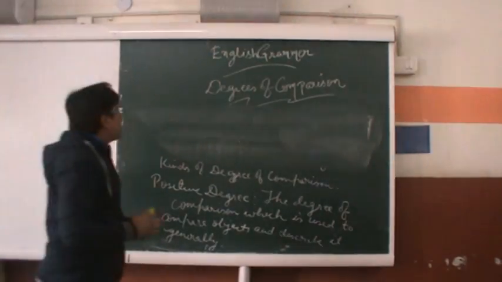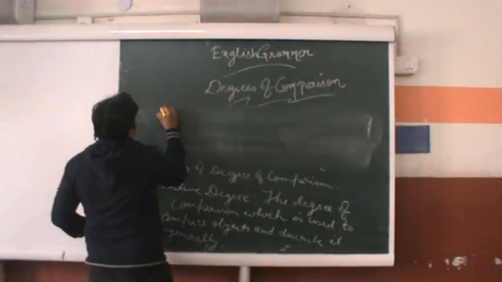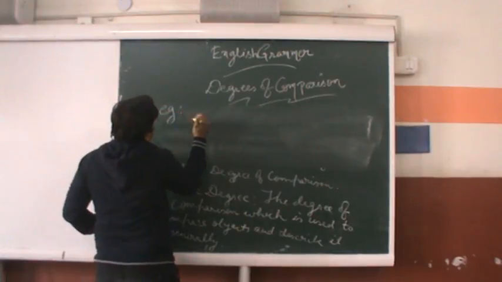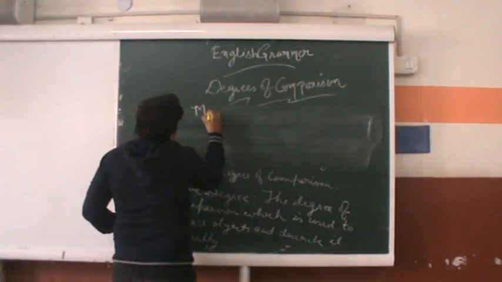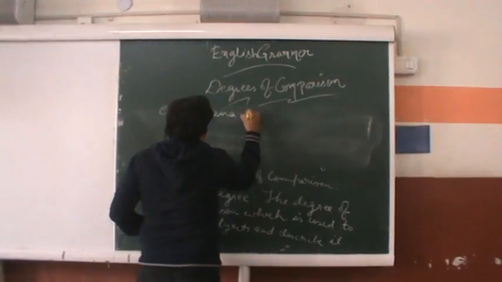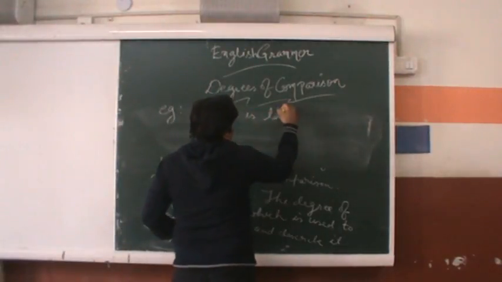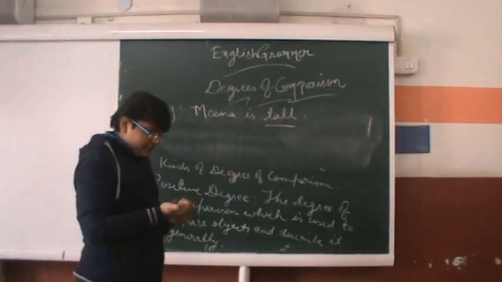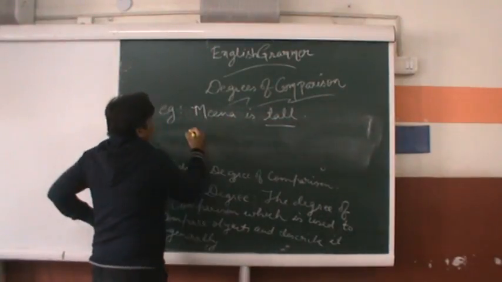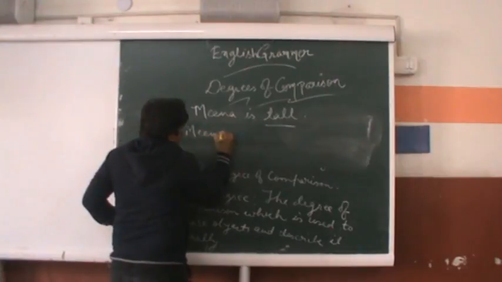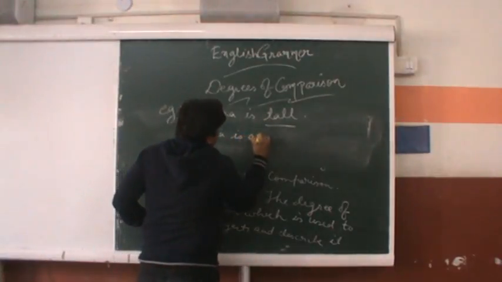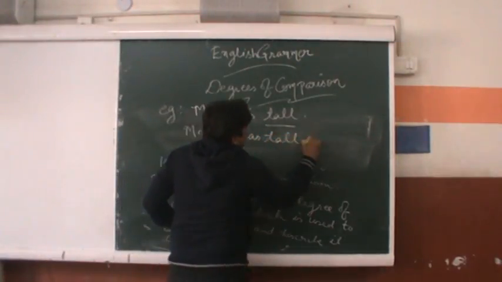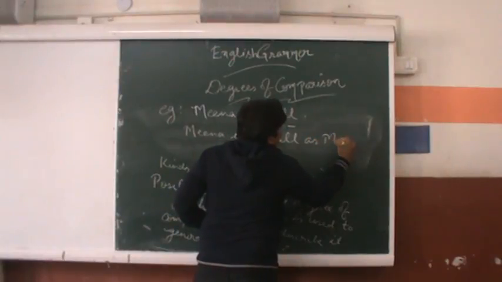I will write an illustrative example here. So, example being Meena is tall. Fine. Tall is an adjective, or I can say Meena is as tall as Maya.